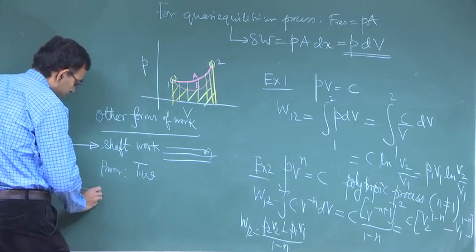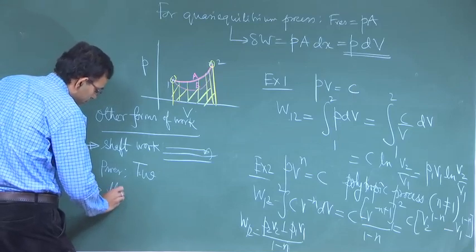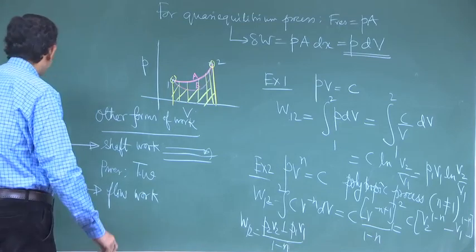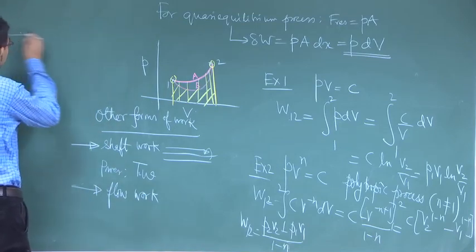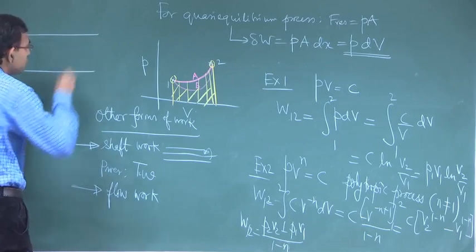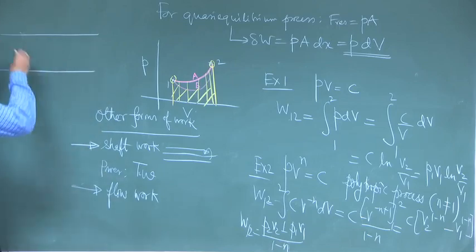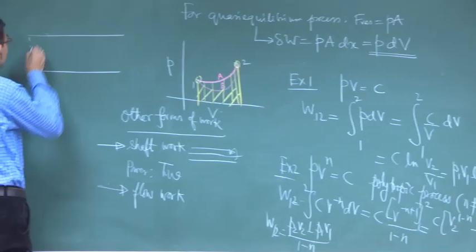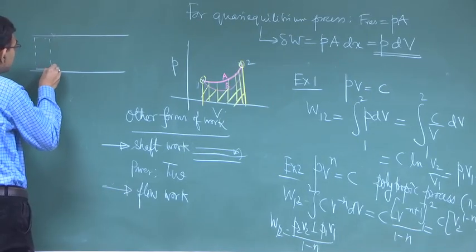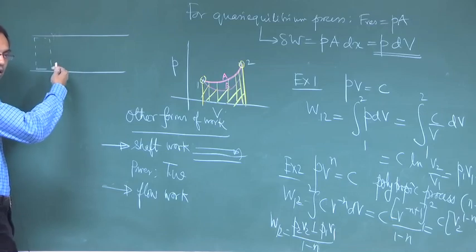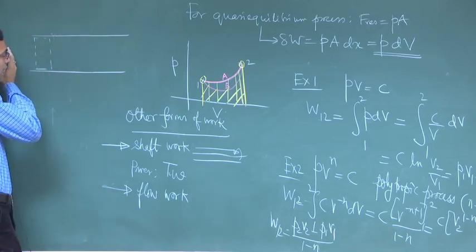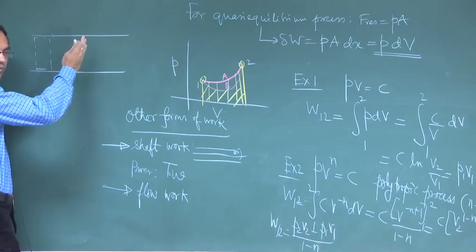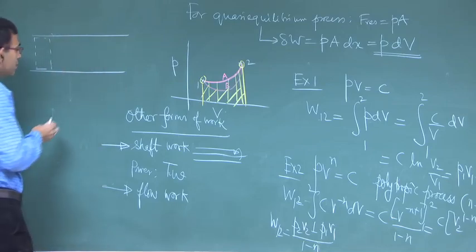Flow work. What is flow work? Let us say there is a fluid which tries to enter a pipe. Because the pipe is already jammed with fluid, the fluid has to overcome the pressure and maintain the flow, otherwise the flow cannot be maintained.